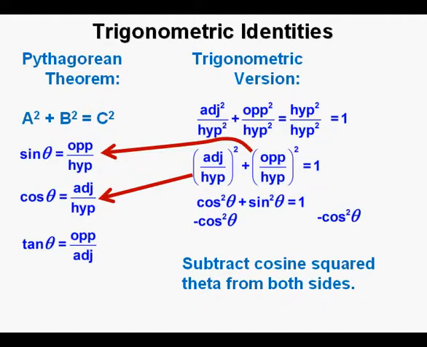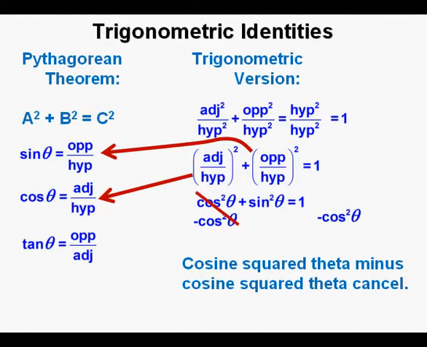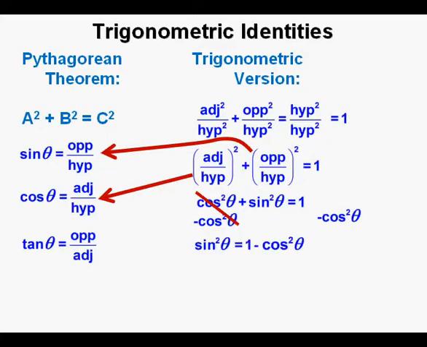Now we can create related identities with sine theta by itself and cosine theta by itself. To solve for sine theta, subtract cosine squared theta from both sides of the equation. Cosine squared theta minus cosine squared theta cancel to equal 0 on the left side. We bring down sine squared theta equals 1 minus cosine squared theta.